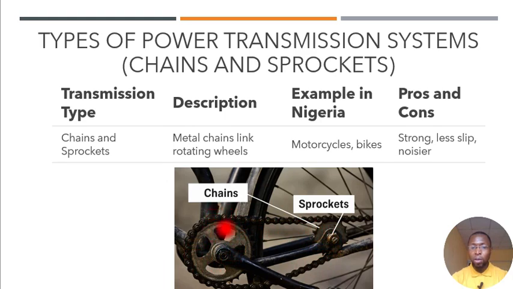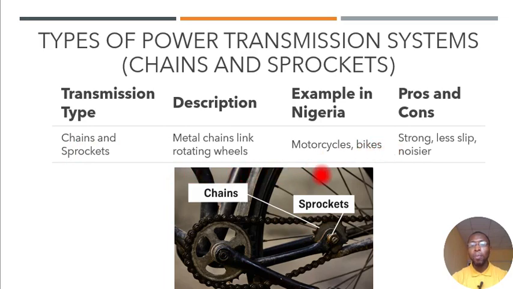As the wheel is rotating, it turns the chain, and the chain sends power to the wheel, which allows the bicycle to move. You could see that in a motorcycle also. In a motorcycle, this chain is there. If there is rotation of the wheel, power is transmitted to the second wheel. So this is how chains and sprockets transmit power.